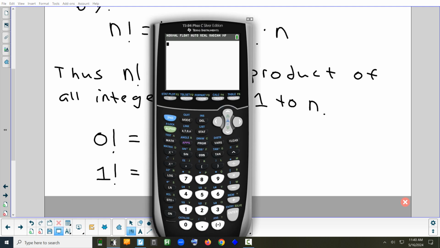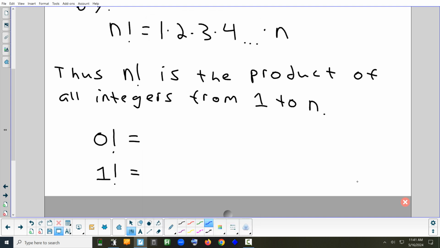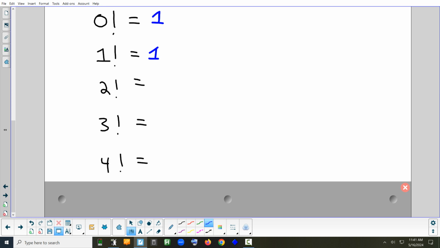But what we do is we just define 0 factorial to be the number 1. So 0 factorial is 1. Even the next one, 1 factorial, the product of every number from 1 up to 1, well, it's really just the number 1. But then after this, the definition makes sense.